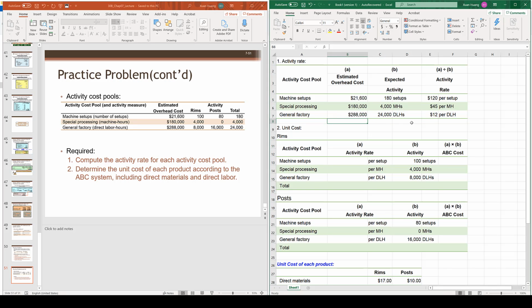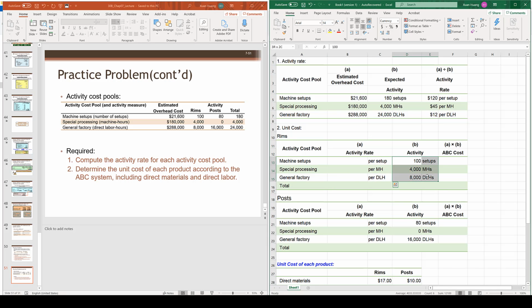After we calculate the activity rate, we can use the rate to assign cost to products in the second stage allocation. Let's take a look at the rims first. We have the activity cost pools, and we've already calculated the activity rate.